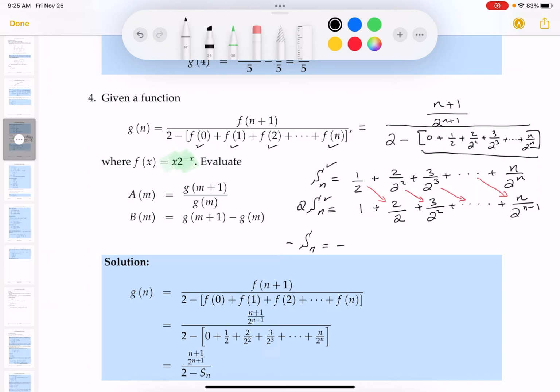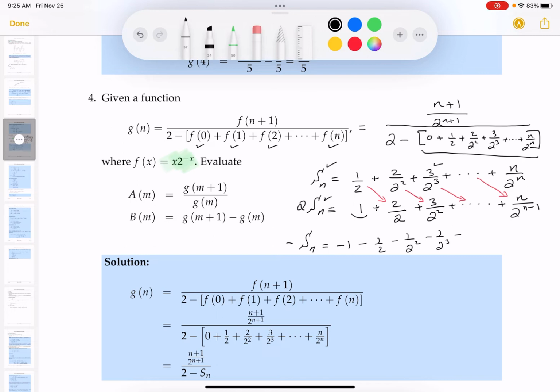So I get minus 1, minus, by the way, that minus 1 comes from here. That would be 1/2. Right? You see that? What's the next one going to be? Minus 1 over 2 squared. What's the next one going to be? And I'm doing this one, and that would be a 4 over 2 cubed. That would be minus 1 over 2 cubed.